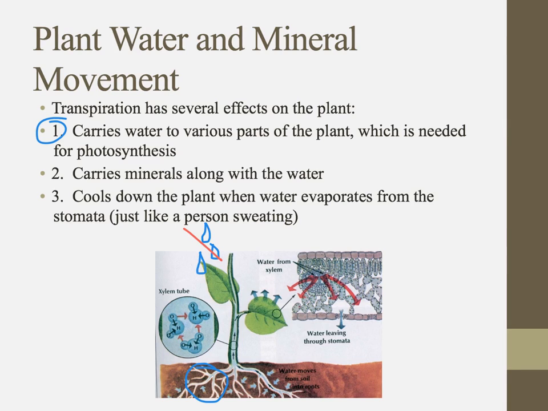Okay, all of the water comes into the plant via the roots. Okay, so the process of transpiration carries water to various parts of the plant. Okay, along with that, it's also carrying minerals that are dissolved in the water, and it can actually function as a cooling mechanism for plants, just like sweating does in people.